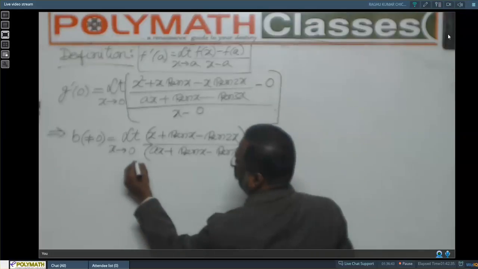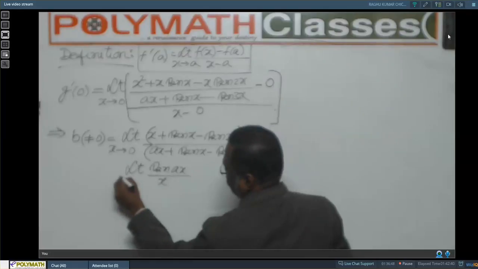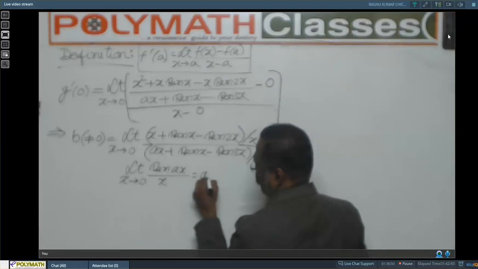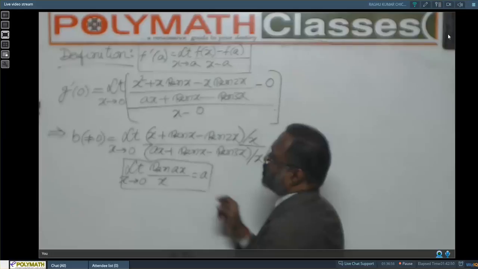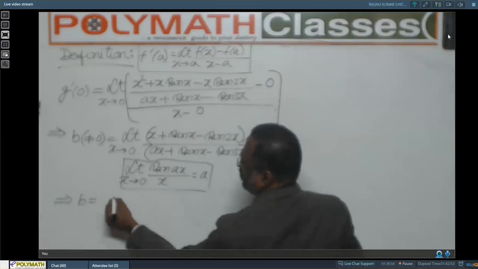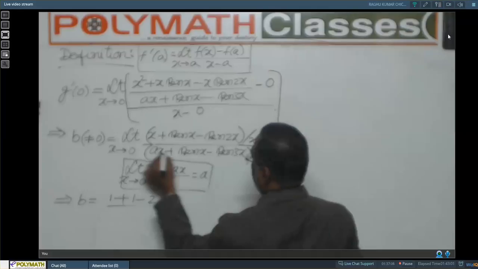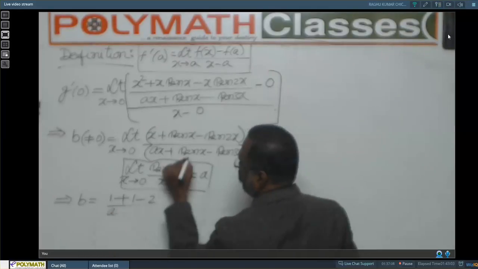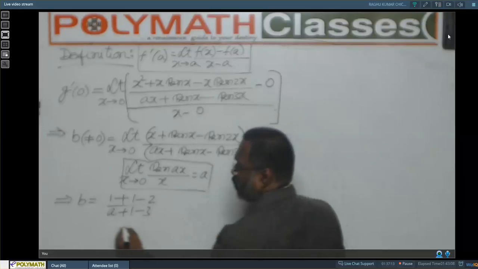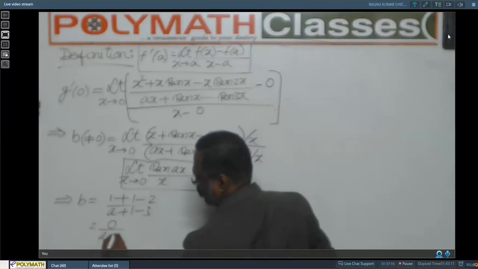The limit of tan ax by x as x tends to 0 is equal to a. This is the standard limit. When you write that, b becomes (x by x, 1, plus tan x by x, 1, minus tan 2x by x, 2) divided by (ax by x, a, plus 1 minus 3). So you are getting 0 by (a minus 2).